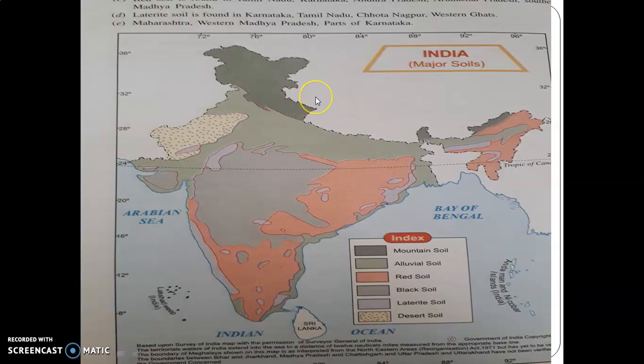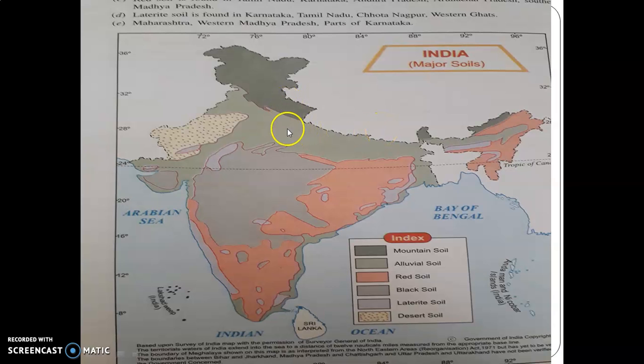So this slide tells you about the major soils of India. The first one, that dark grey color, indicates mountain soil. So this Jammu Kashmir, we can say Uttarakhand, Himachal Pradesh, part of Sikkim, part of Arunachal Pradesh are covered with mountain soil.